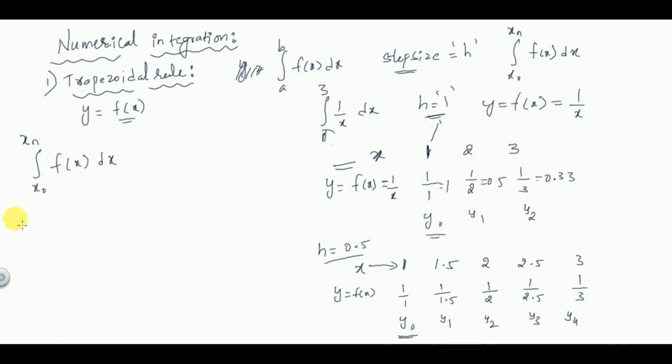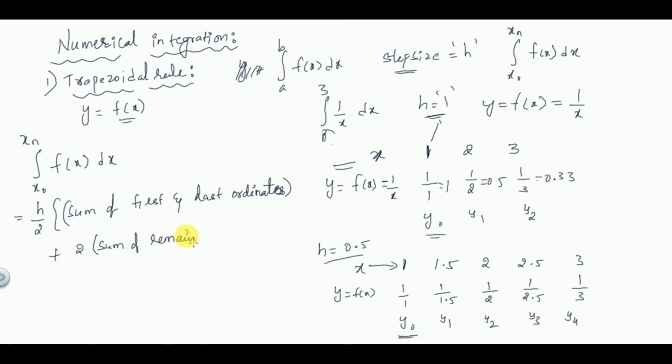This formula is given by h by 2 into the sum of first and last ordinates, plus 2 into the sum of remaining ordinates. So this is the formula.